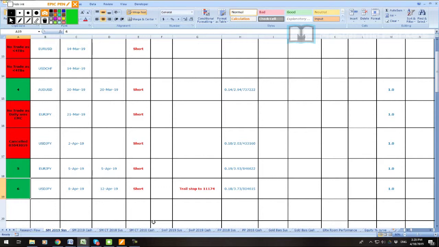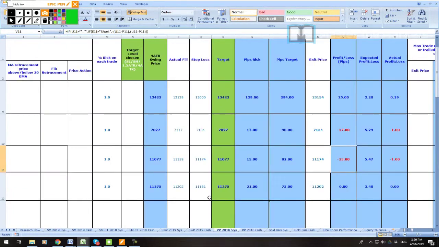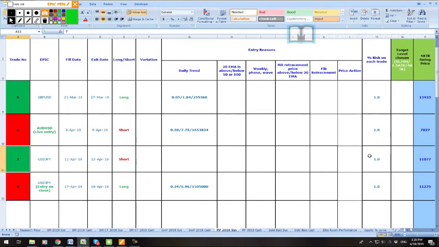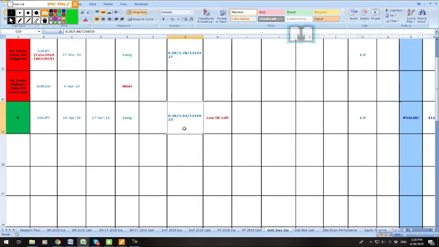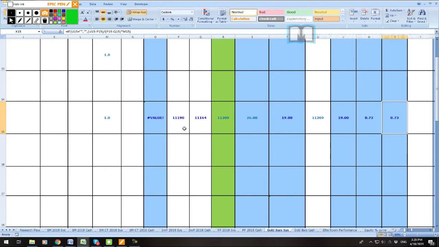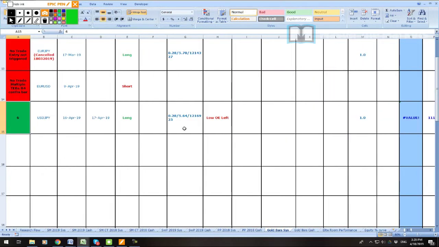Prime profits took quite a hit, minus 2% between the 2 weeks. It's not been performing very well, but it is catching up, so we'll see how it carries on. Then gold bars, traders: 0.73%, a small profit.